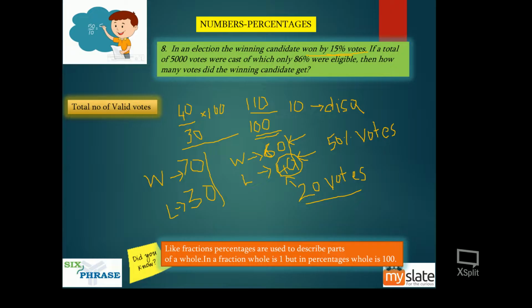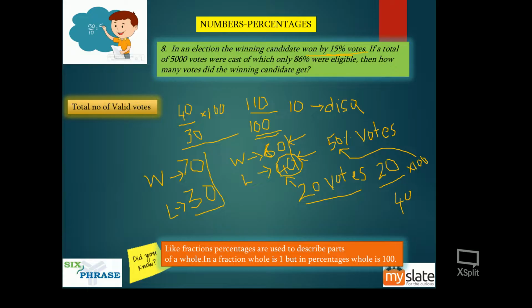Why did you do 40 by 30? The difference is 40. We always have to find percentage for the loser's number of votes, right? Here, that is what you did. How did you get 50 percentage, guys? You took the difference, which is 20, and then divided it by 40, into 100. So 20 by 40 is 1 by 2, and 1 by 2 into 100 will give you 50 percentage.